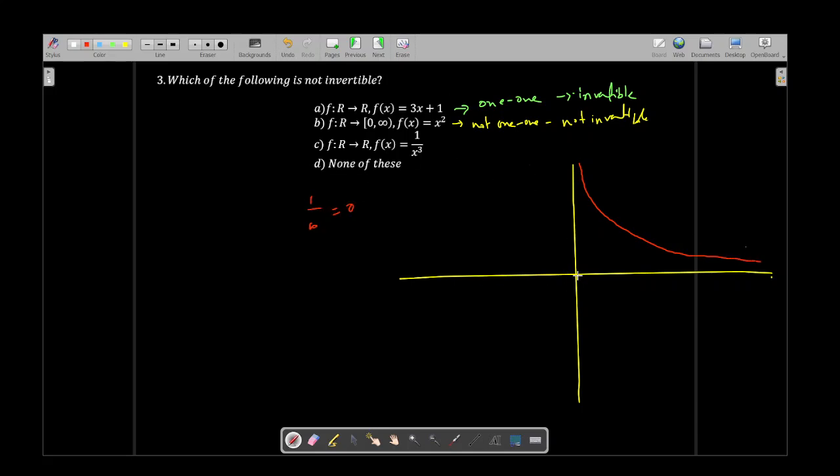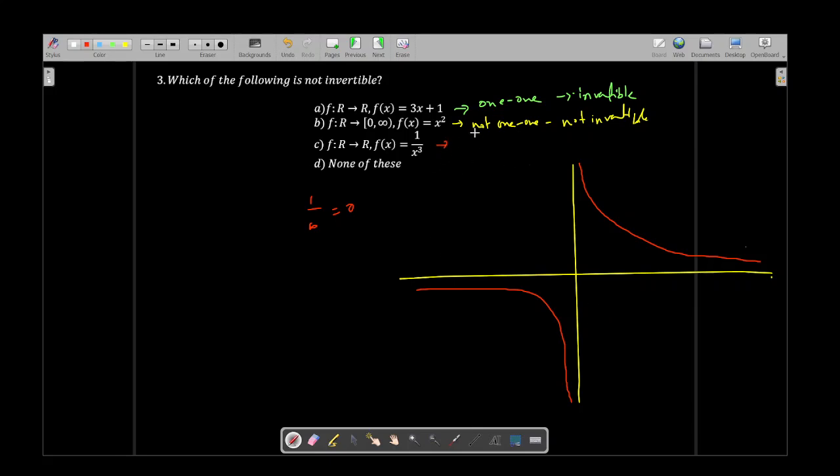So for a very small value of x it starts with a high value, and for the maximum value it attains the minimum value. Similarly, if you come from minus 0, the function will look like this. So except at 0, this is one-one, so this is invertible.